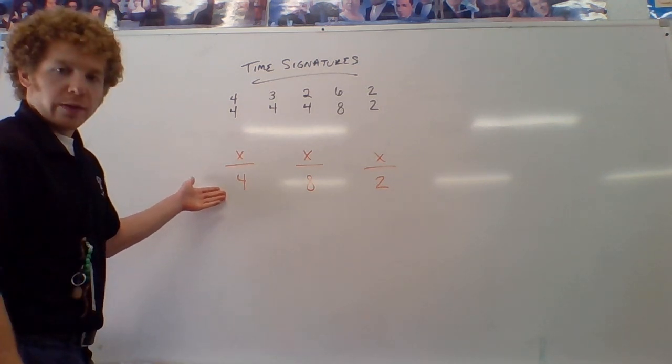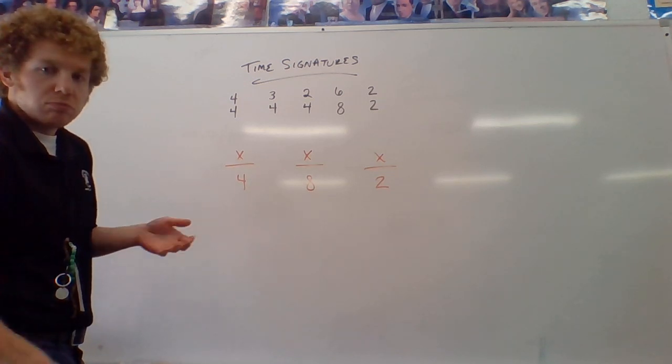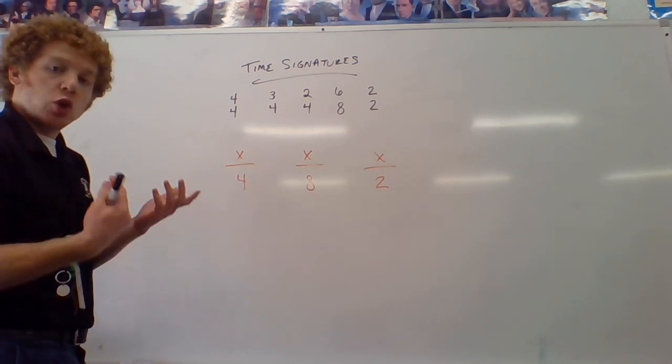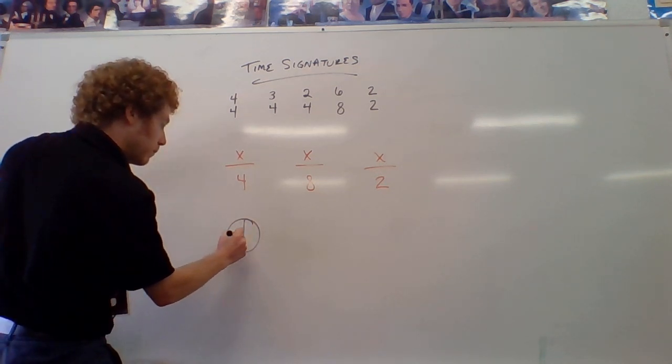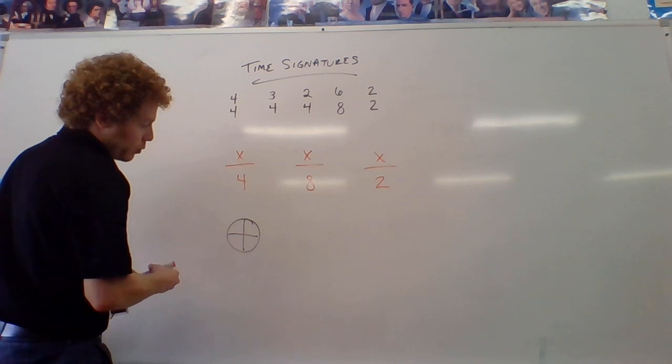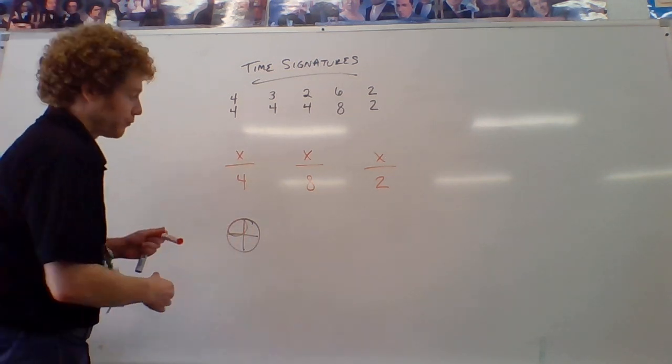Alright, if we have a 4 on the bottom, if we divide something in 4, we have 1/4, right? You divide $1 in 4, okay, you're going to end up with 1/4 of that circle, a quarter note.